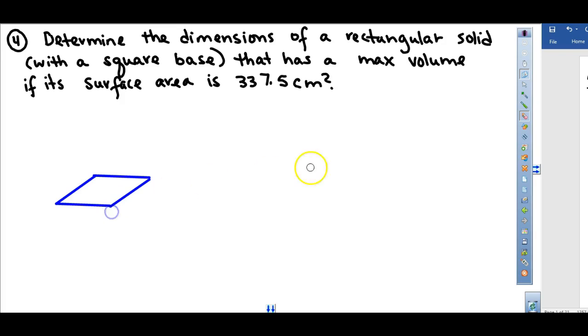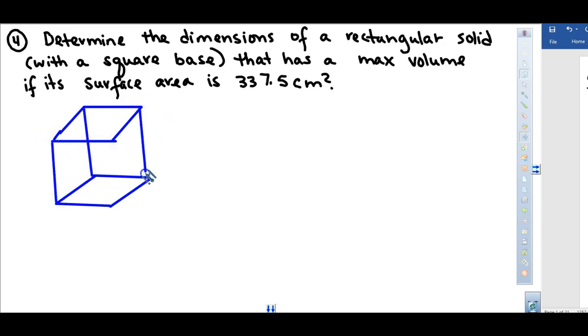So I'm going to draw both of those bases to be equivalent here. This may or may not be pretty. Let's see, it's pretty enough. Okay.